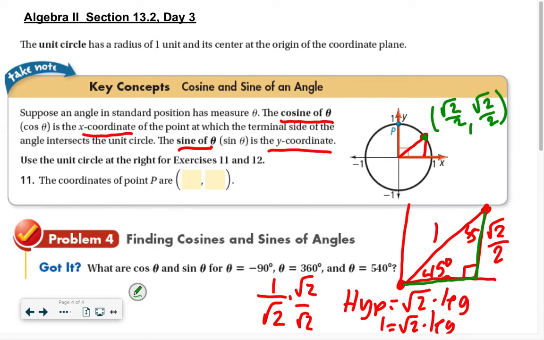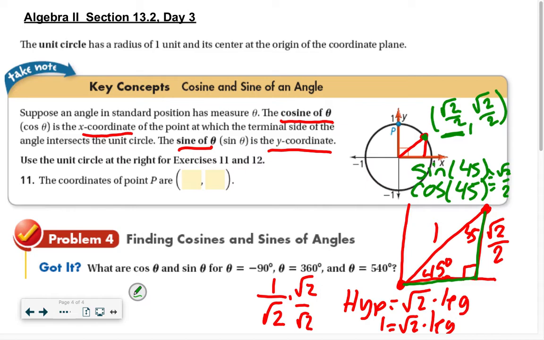So now that we have the coordinates, if the cosine is my x-coordinate, what's the cosine of a 45-degree triangle? Just my x-coordinate. Square root of 2 over 2. What's my sine? Sine's going to be the same thing, square root of 2 over 2.